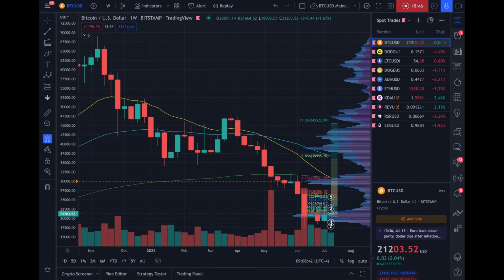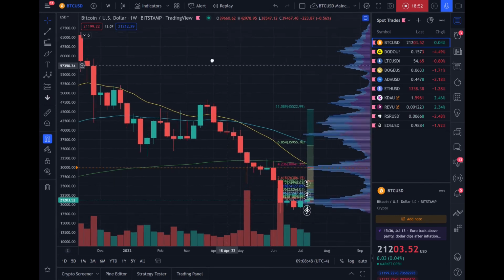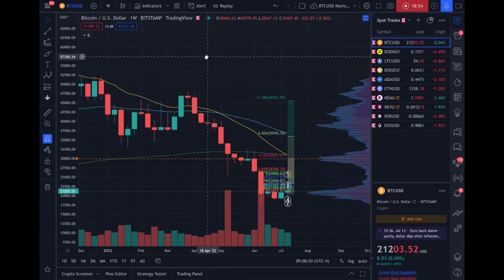It's likely that we form a top of this next move to the upside before or around that time, within the next 10, 11 days. And once we hit that new moon, it represents a top, and then we are likely to see a correction.